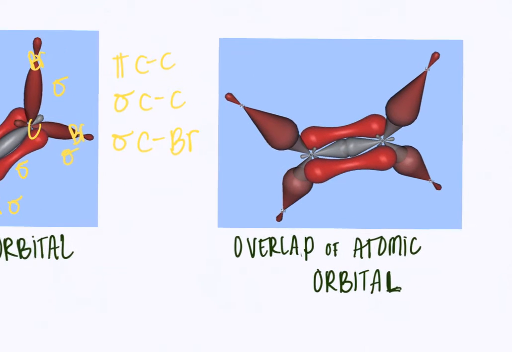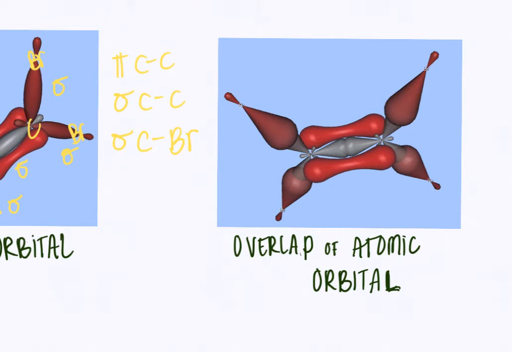So in this second picture, again, our carbons and our bromines. You can see its overlap, and you can see the hybrid orbital, which is our sp2 hybrid orbital.